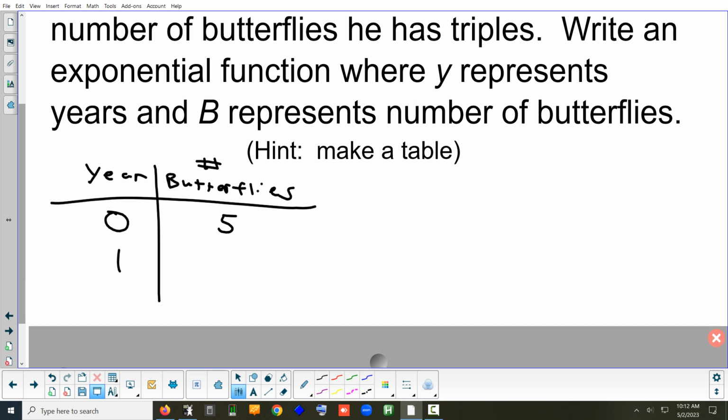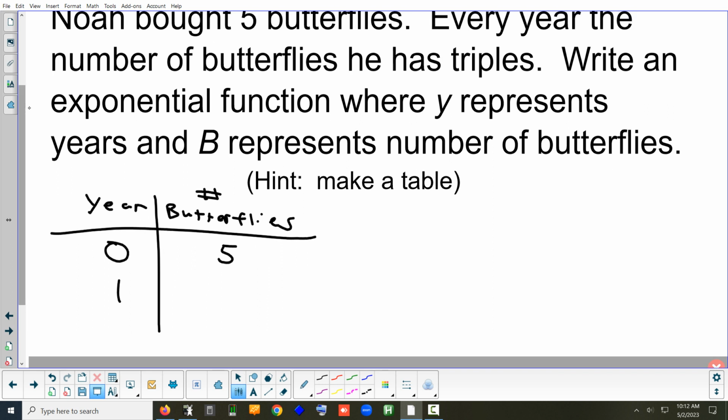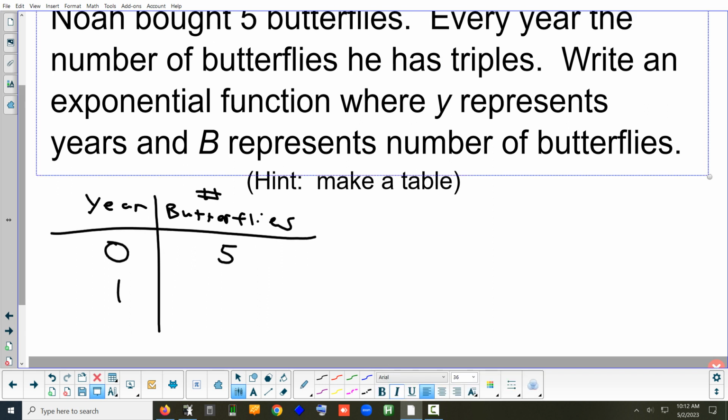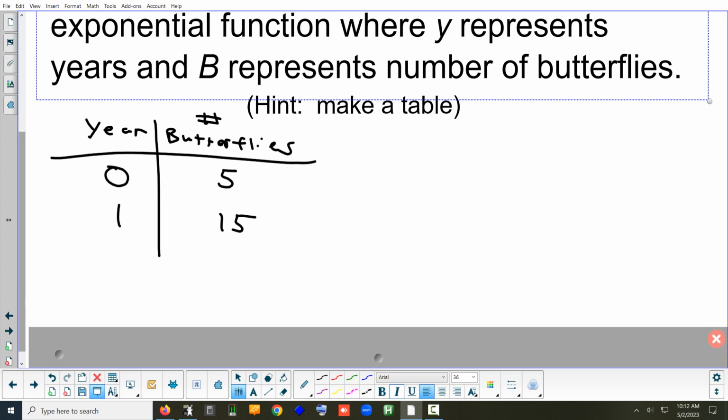How many butterflies would you have 1 year later if the number triples every year? Yep, that's it, 15. So he has 15. Then let's go 2 years later. How many would he have if it triples again?